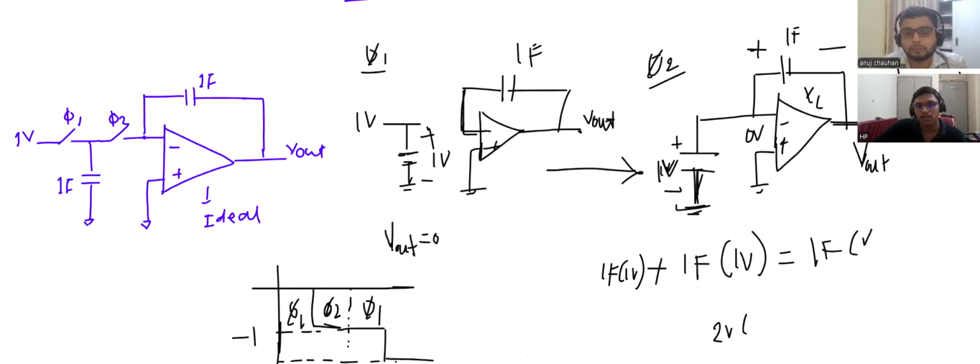So I think this cycle will repeat. So it means -1, -2, -3, and so on. Okay, I got the point.